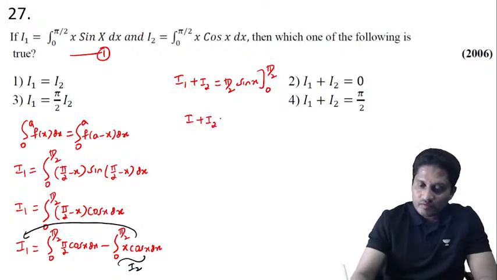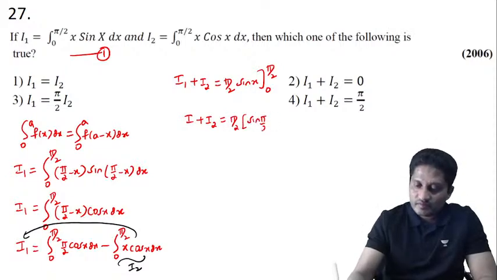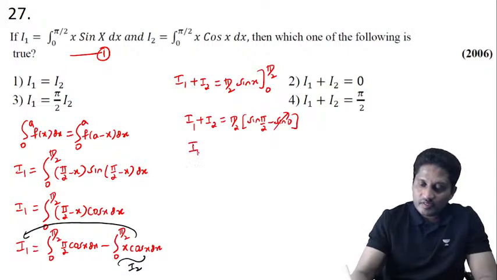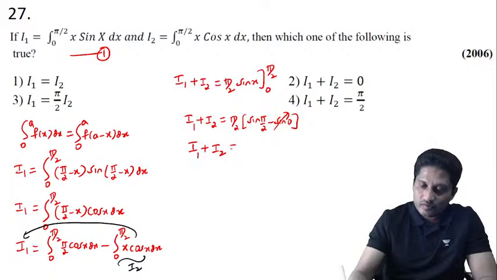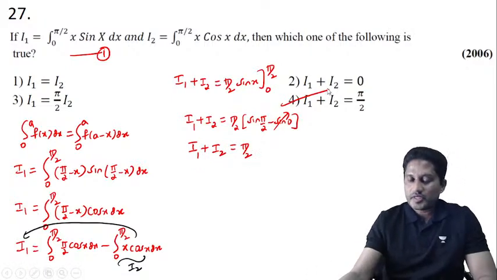I1 plus I2 is equal to pi by 2 into sin 90 minus sin 0, right? Sin 0 is 0, sin 90 is 1. So I1 plus I2 is equal to pi by 2. Answer is option D.